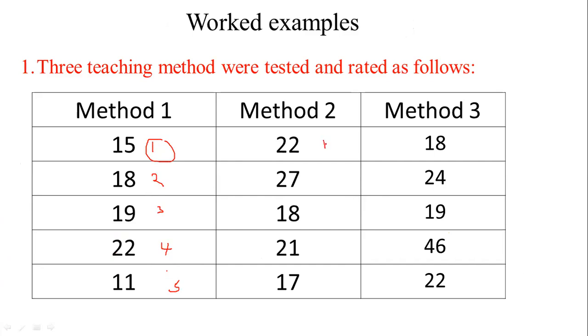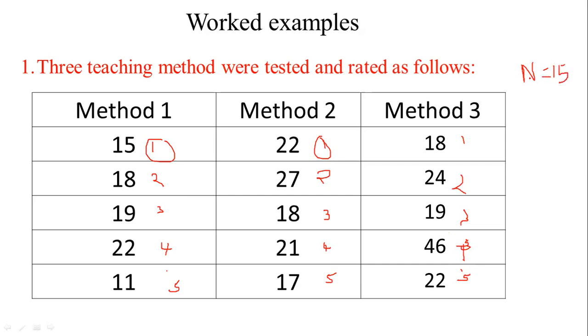Method 2 has 1, 2, 3, 4, 5. And method 3 has 1, 2, 3, 4, 5. So the total number of all the samples, we call that the population. The total is 15.